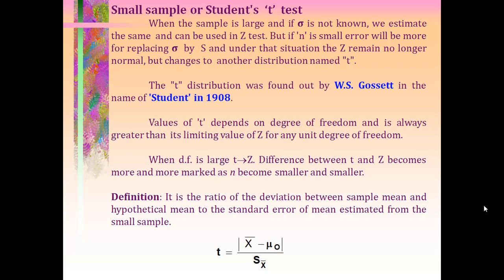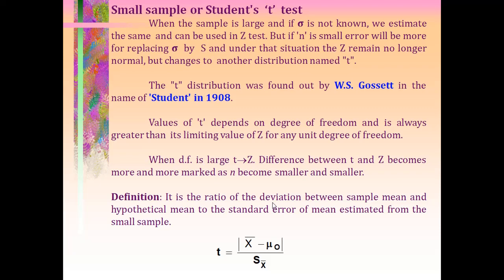As I told, this distribution was introduced by W.S. Gossett in the name of Student in 1908, and this t is the ratio of the deviation between sample mean and hypothetical mean to the standard error of mean estimated from the small sample.